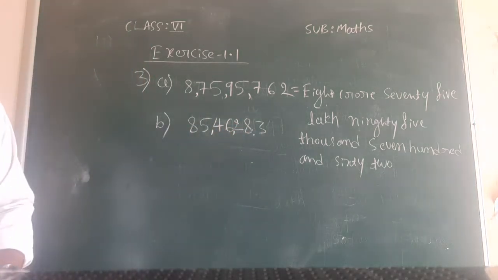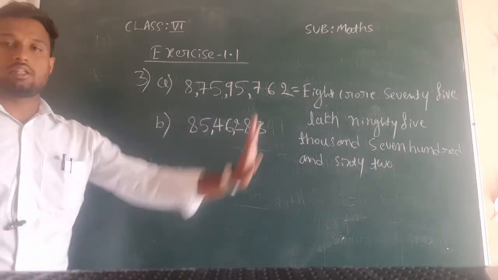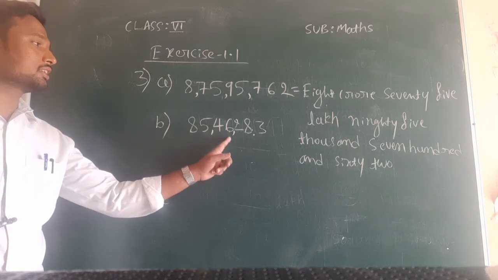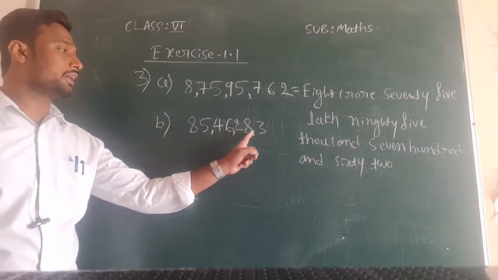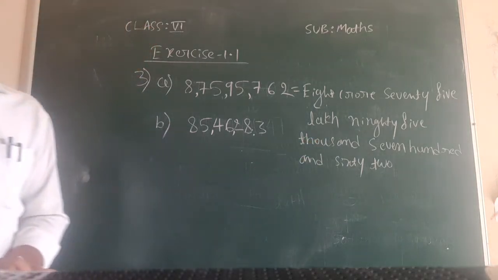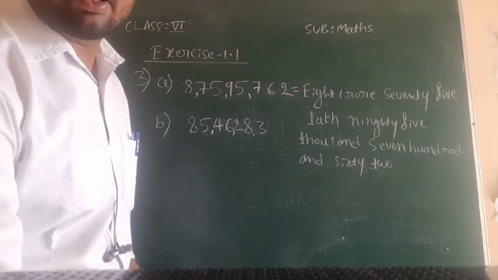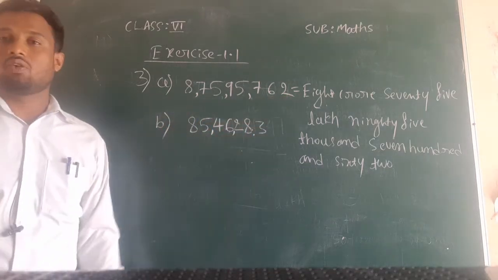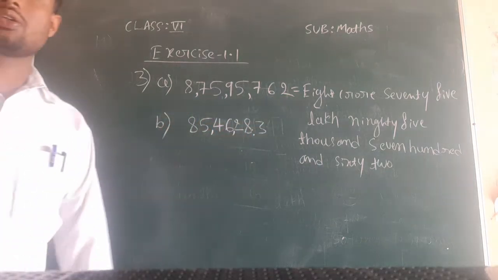You have to write this in words like this only. Listen again. 85 lakhs 46,283. This is how to read and write in words. And there are two more numbers. Again, you have to insert commas like this and write in words. This is about the third question.